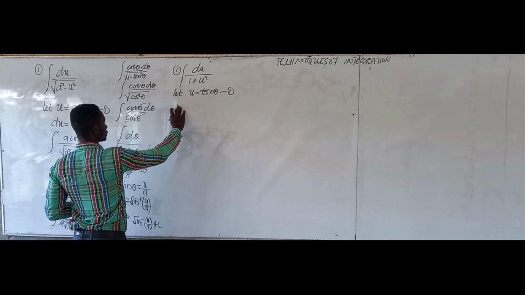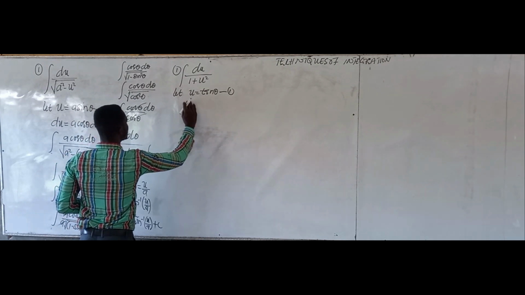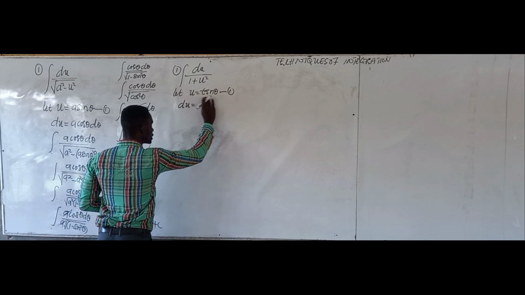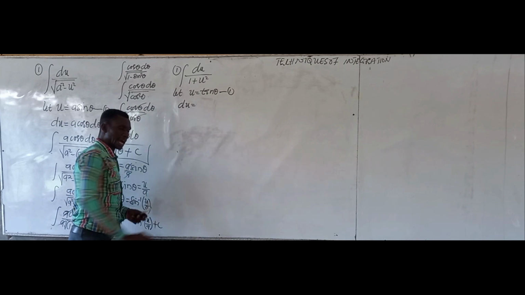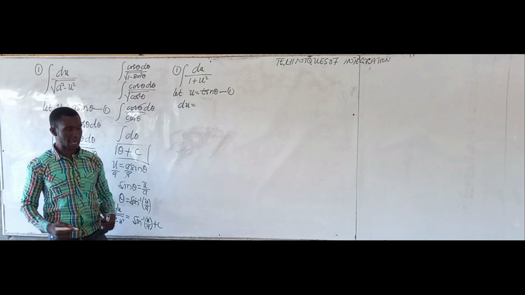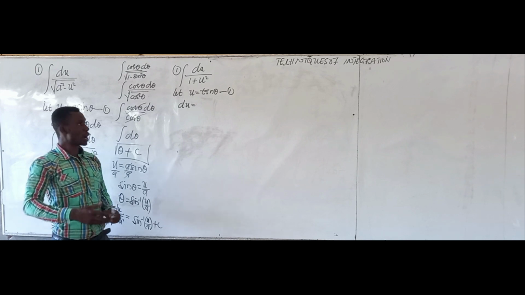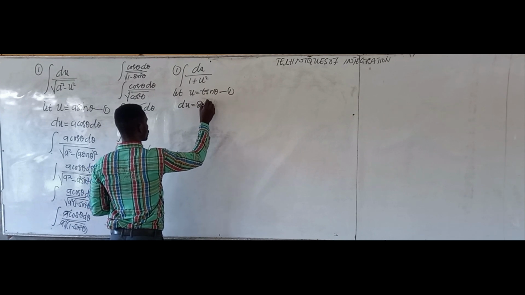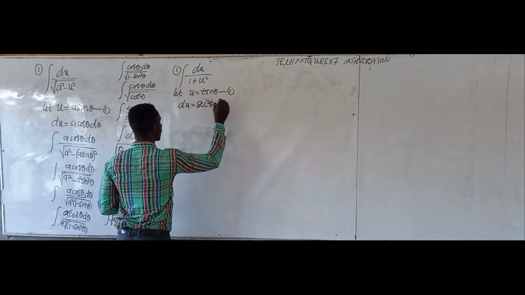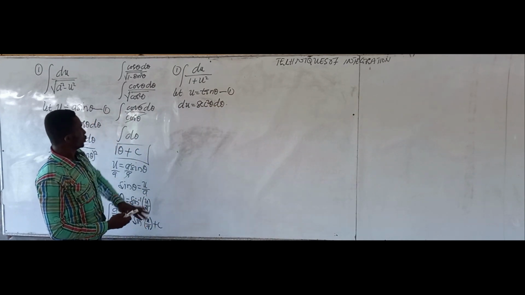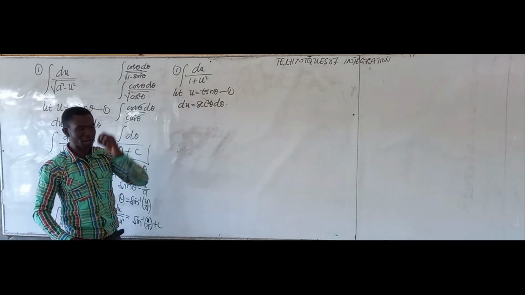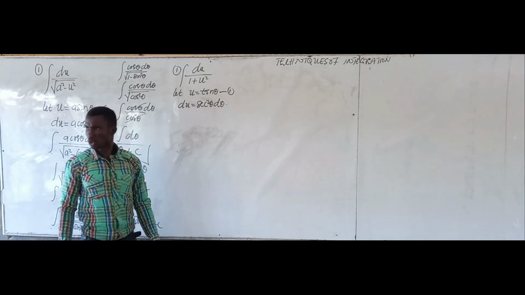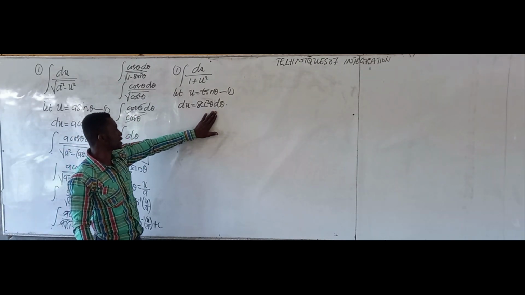If you differentiate both sides, du is equal to, if you differentiate tan theta, you get sec square theta d theta. If you have watched the previous video, you understand this. So whenever you see du, you put there sec square theta d theta.